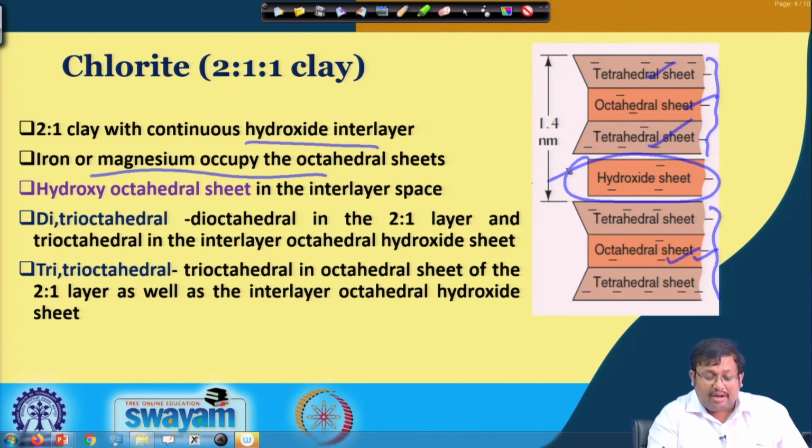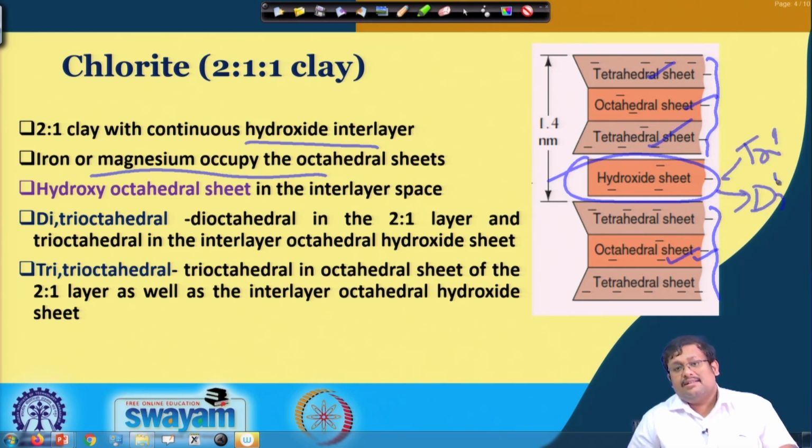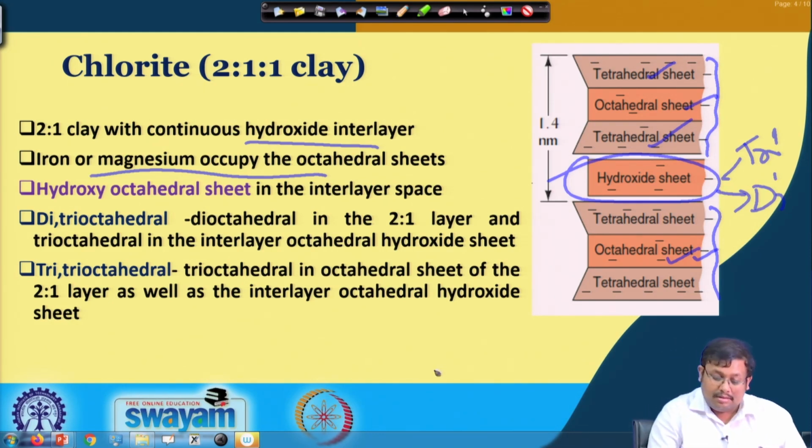And this hydroxide octahedral sheet in the interlayer space may be trioctahedral or it may be dioctahedral. If it is trioctahedral, it is known as the brucite layer, where the hydroxide sheet is dominated by magnesium, whereas if it is a dioctahedral hydroxide sheet, then it is known as gibbsite.